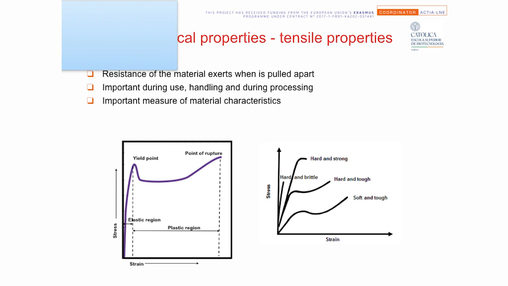And we have materials that are hard and brittle because they have a very high slope here, but the point of rupture is at very low strains. It can be hard and strong, it can be hard and tough, and soft and tough. So these are basically the 4 types of materials.